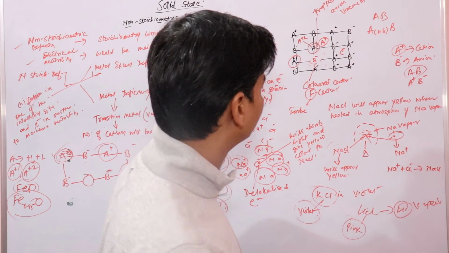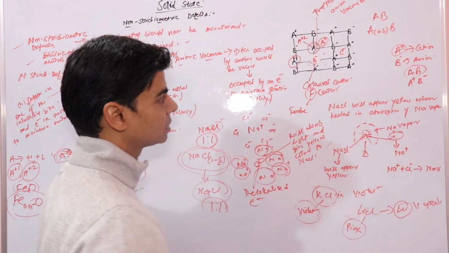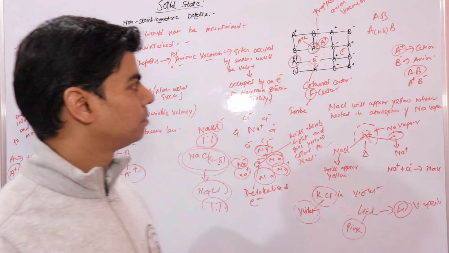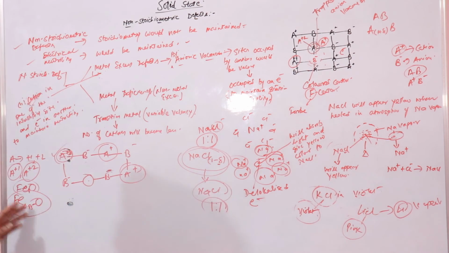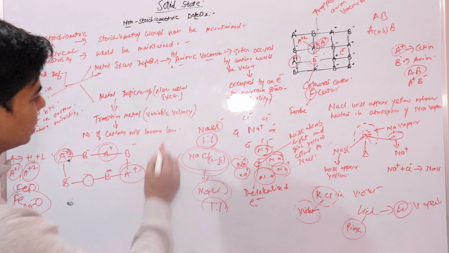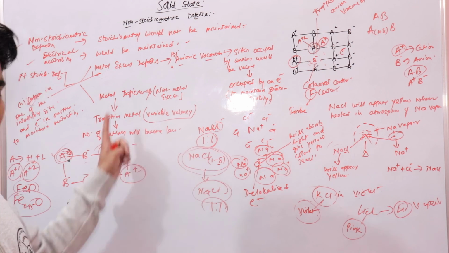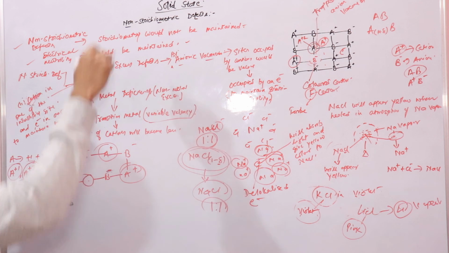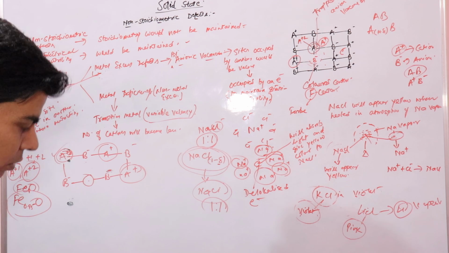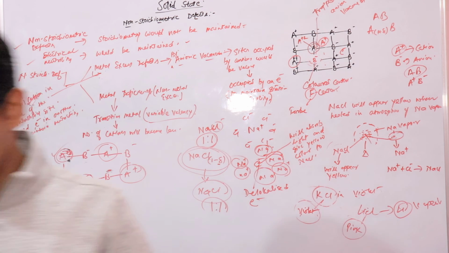And this is important with respect to these F centers, why these crystalline solids appear colored, right? And this kind of defect, metal deficiency defect, is shown by transition metals that exist in variable valencies. Remember all these things, how electrical neutrality is maintained, stoichiometry is not maintained in non-stoichiometric defects, right? All this, right? Thanks.